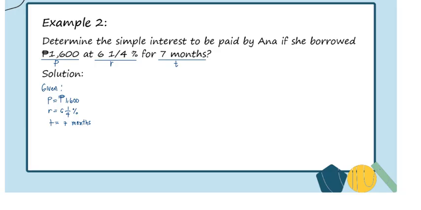So for this case, yung value that we could have here in fractional form first is going to be, 6 times 4 is 24 plus 1 is going to be 25. So we could have 25 divided by 4, or we could also have 6 tapos kukunin natin yung 1/4 niya.